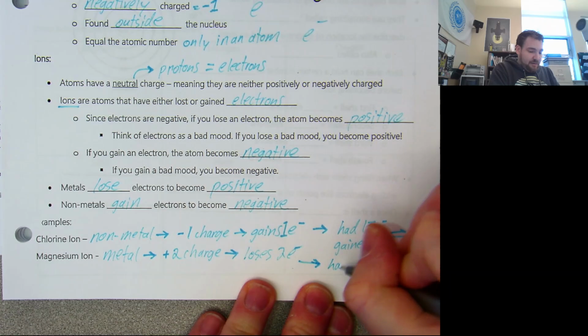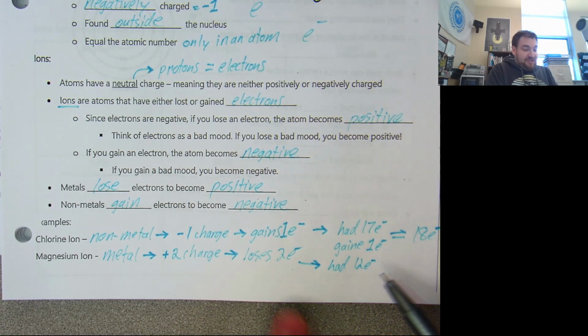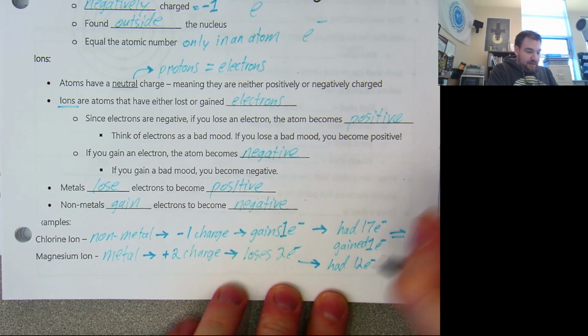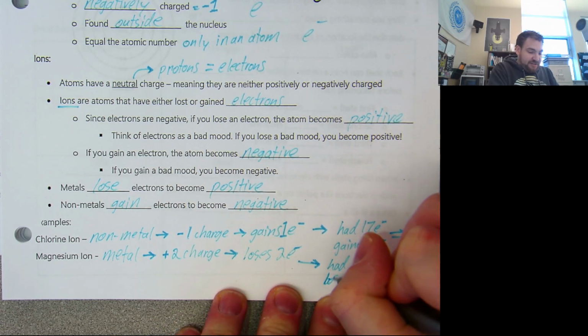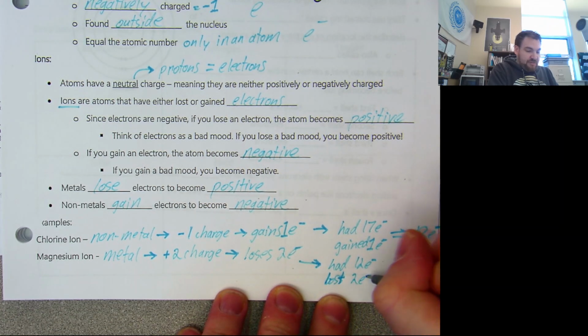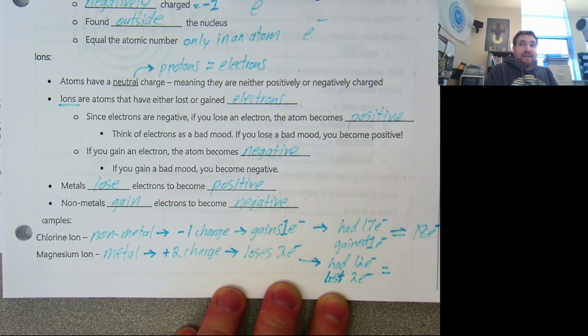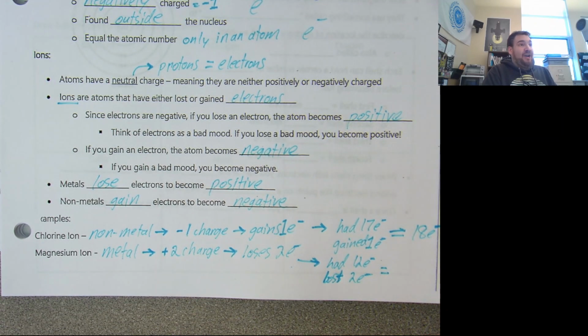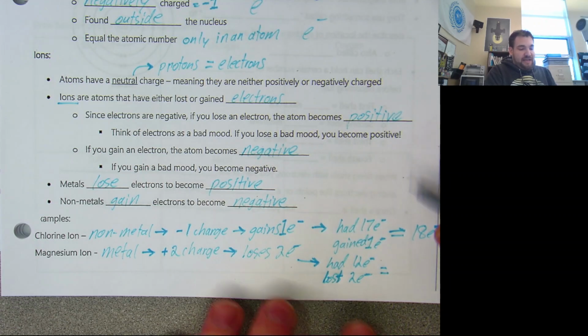So it had 12 electrons. That's the same as the atomic number. It lost 2 electrons. So how many electrons does magnesium have as an ion? It's got 10.